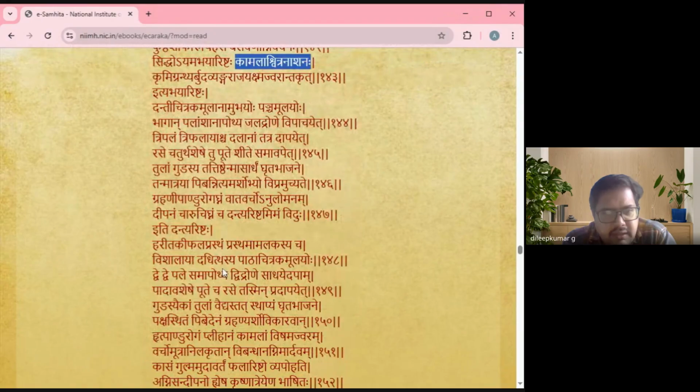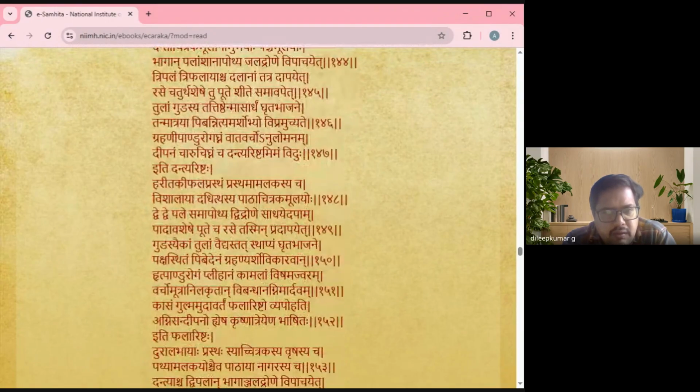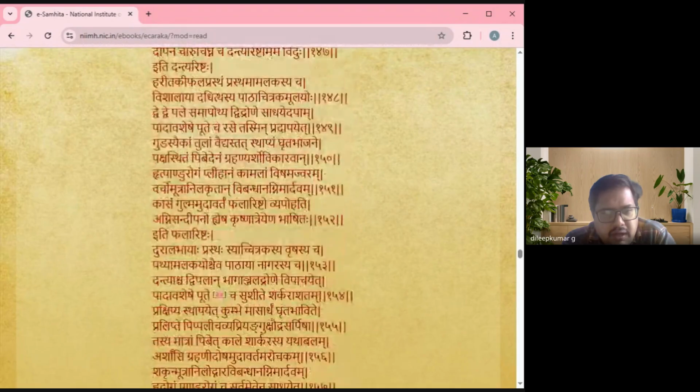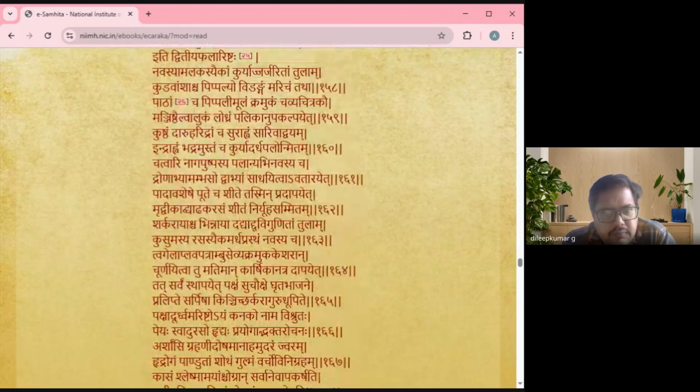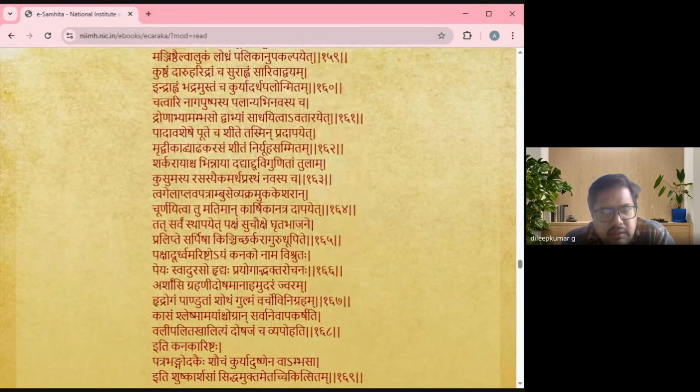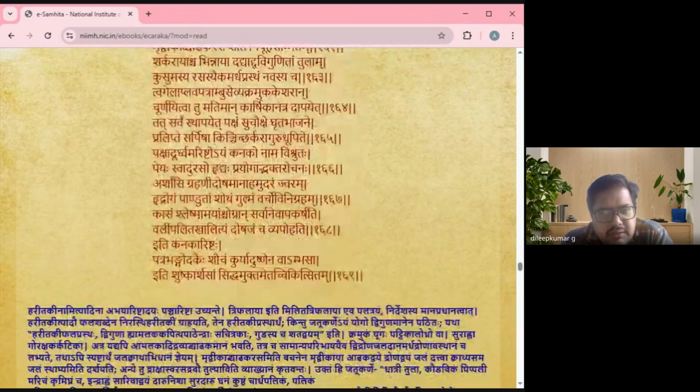In the same way, Danti Arishta for Kaphavataja Arshas, Palarishta, Dvitiya Palarishta. These are all the medicines for Kaphavataja Arshas, Shushka Arshas, Kanaka Arishta.